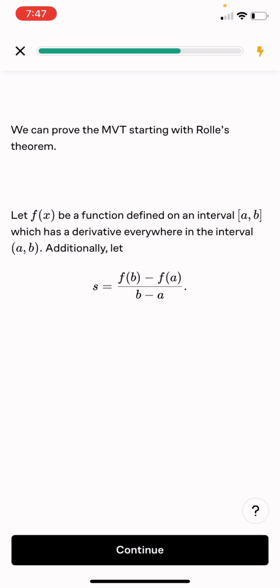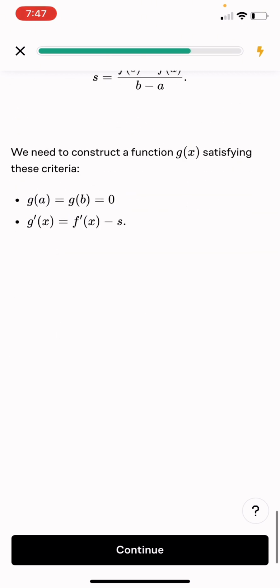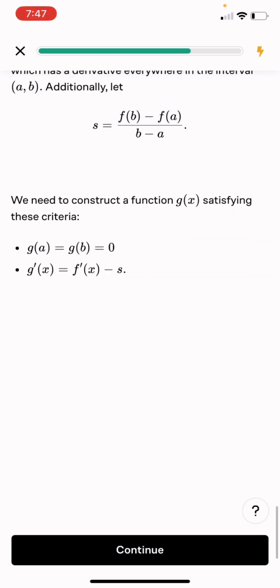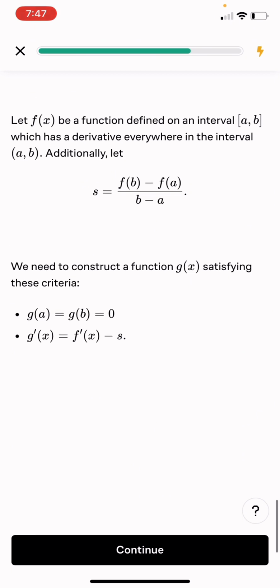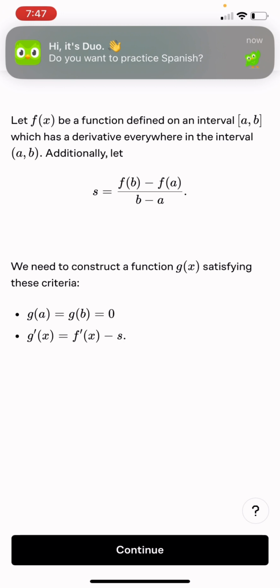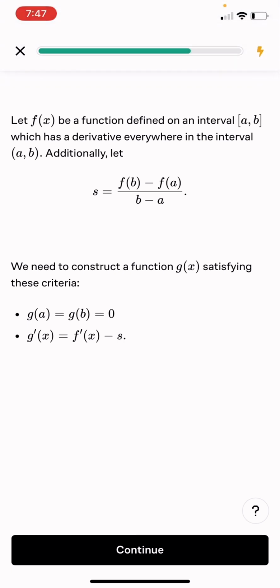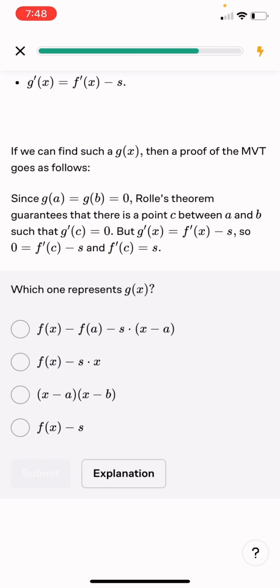If we can find such a g(x), then the proof of the MVT goes as follows. Since g(a) equals g(b) equals 0, Rolle's theorem guarantees that there is at least a point c between a and b such that g prime of c equals 0, but g prime of x equals f prime of x minus s. So 0 equals f prime of c minus s, and f prime of c equals s.